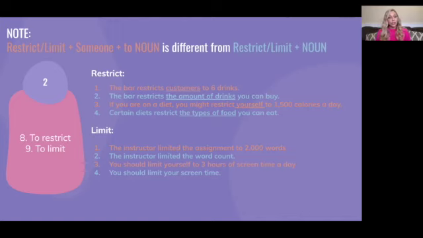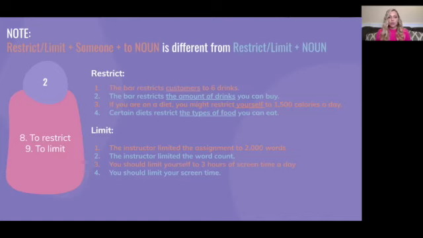In number 2, you have the bar restricts the amount of drinks you can buy. So this one, you're not restricting anyone, you're just restricting something. The bar restricts the amount of drinks you can buy. Number 3, if you are on a diet, you might restrict yourself to 1,500 calories a day. But in number 4, certain diets restrict the types of foods you can eat.